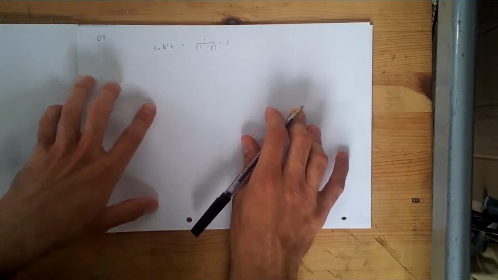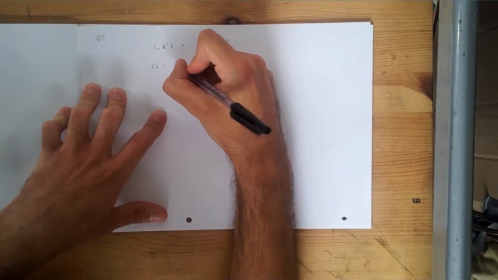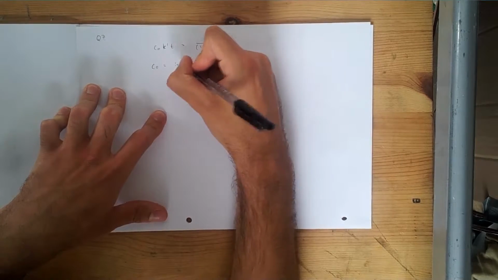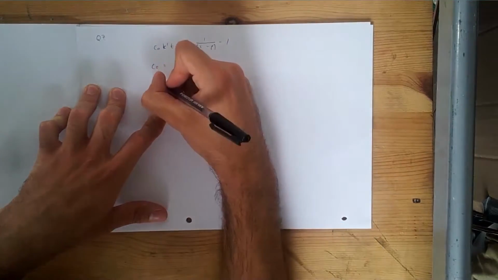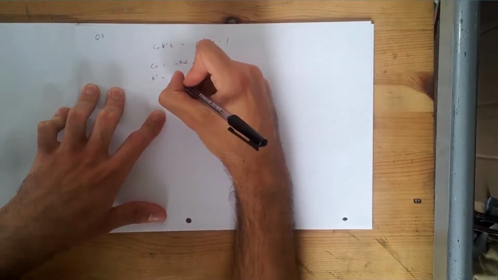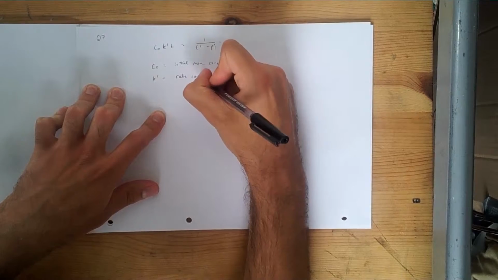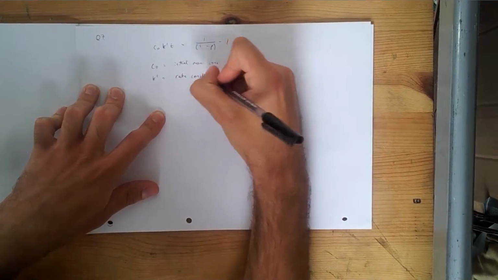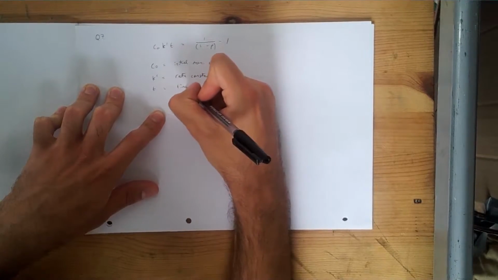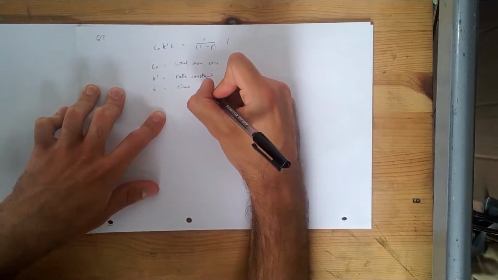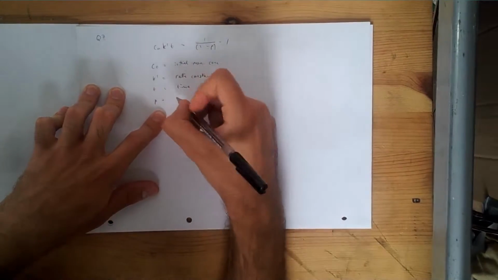And in this, C0 is the initial monomer concentration again. k prime is the rate constant. t is the time of the reaction, again in seconds. And p is the extent of reaction.